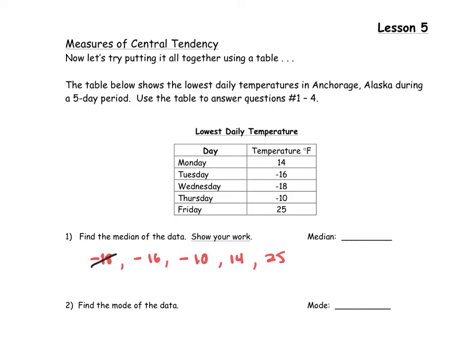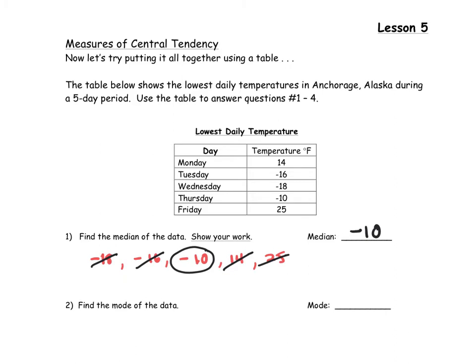And we talked about closing the curtain, where we take one from the left, one from the right, and cross them off. Two from the left, two from the right, and cross them off until we get to the middle. And because there's only 5 data points, we have reached the middle. So the median is negative 10 for this set of data.